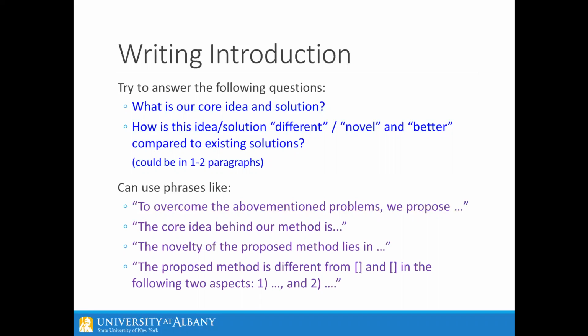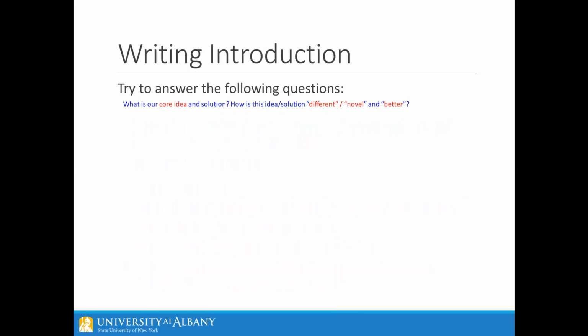We could also be explicit that this method is better than or different from this and this method in the following two aspects, or one or two aspects. The proposed method is different from this method and this method in the following two aspects. All right, let's come up with a few examples of this.